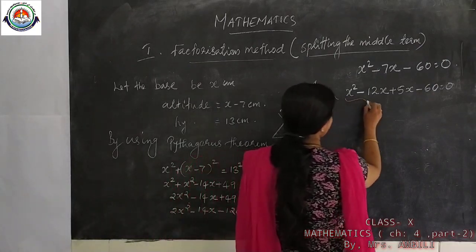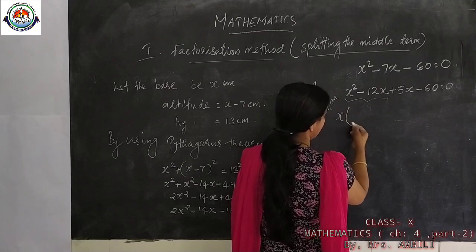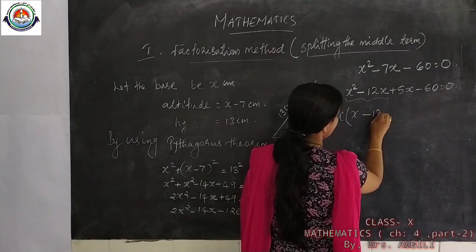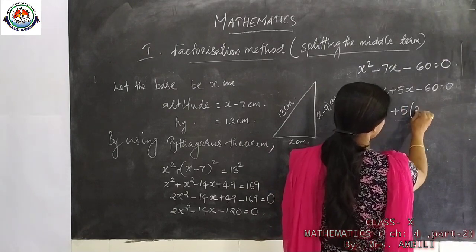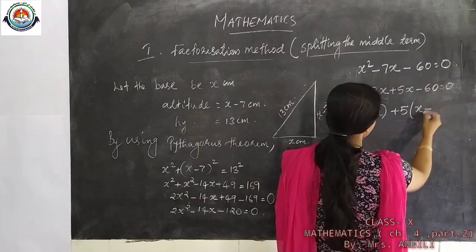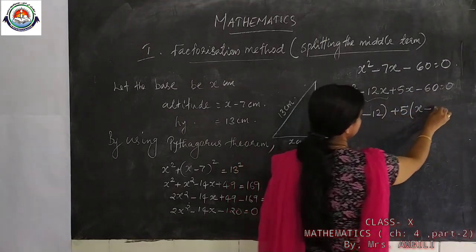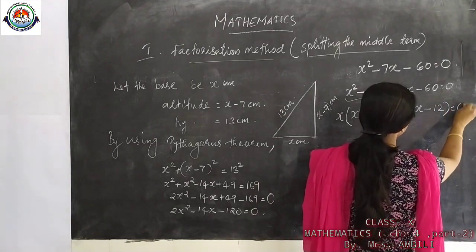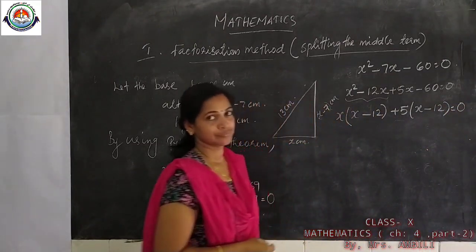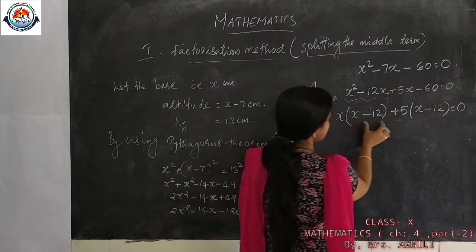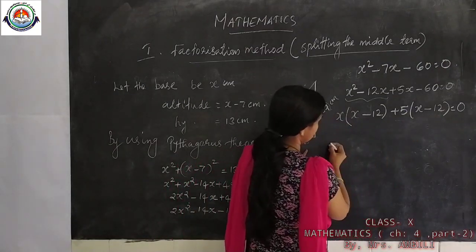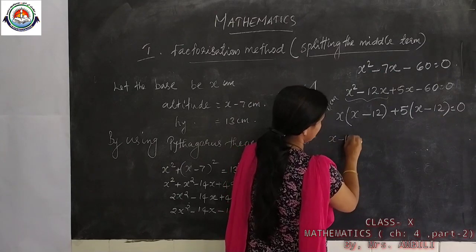From these two we can take x outside. What is remaining? x minus 12. If you are taking 5 outside, what is remaining? x minus 12. So, x into x minus 12 and 5 into x minus 12. We can write x minus 12 outside.